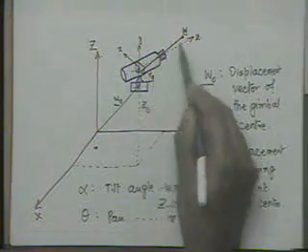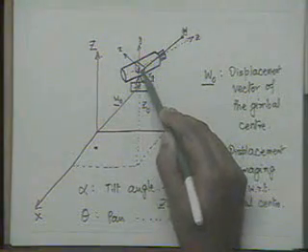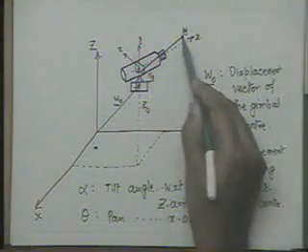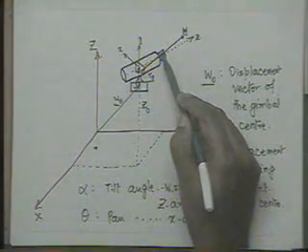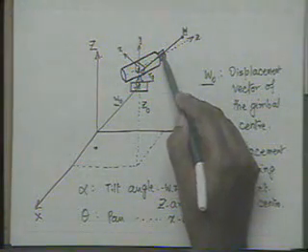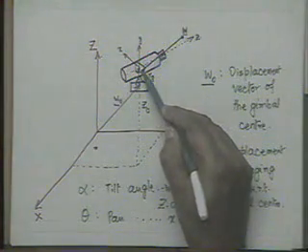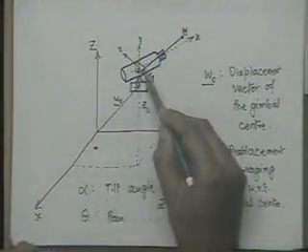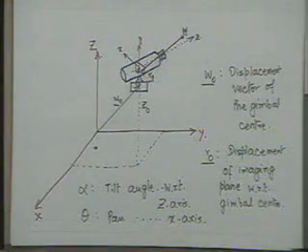This is the imaging plane, and on this we are taking the image of this point W. So it is quite simple. We have to join this point W with the focal point of the lens, and then extend that ray, and the place where it intersects the imaging plane will give you the actual image point.